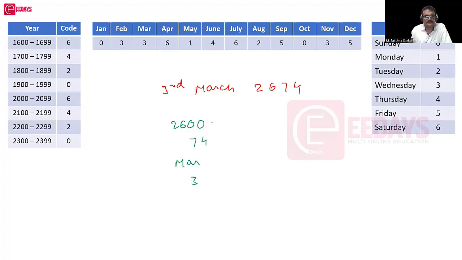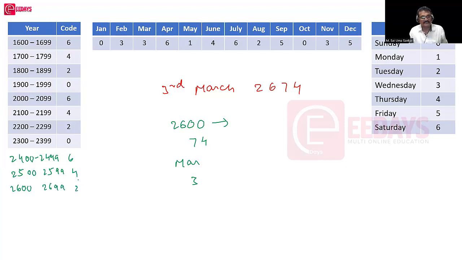What is the next step? Date. 2600. See, here 2400 to 2499 is 6, 2500 to 2599 is 4, and 2600 to 2699 is 2, right? Why? Because this cycle is repeated. So what is the code? That is 2.